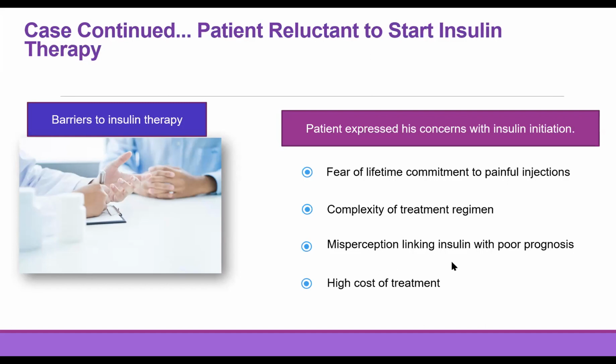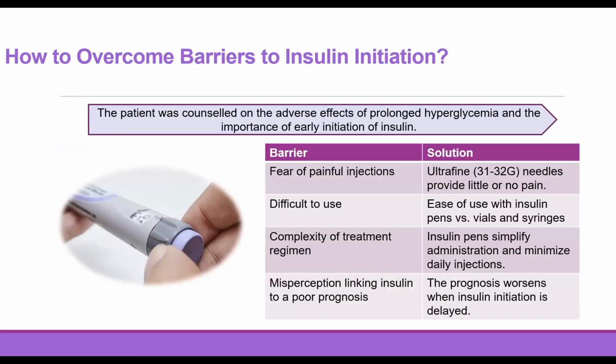So coming to the barriers, one of the important barriers is the pain of the injection. But nowadays we have very fine needles, 31 gauge, 32 gauge. People thought that it is difficult to give the insulin injection, but we have the pen, and the pen is available with almost all companies.